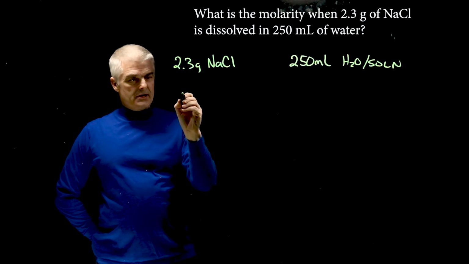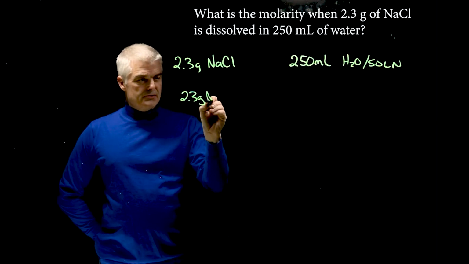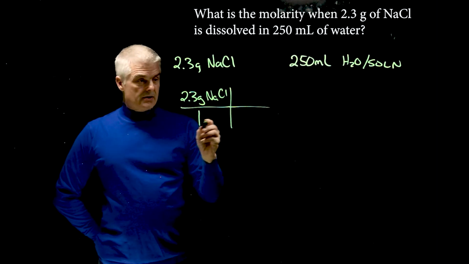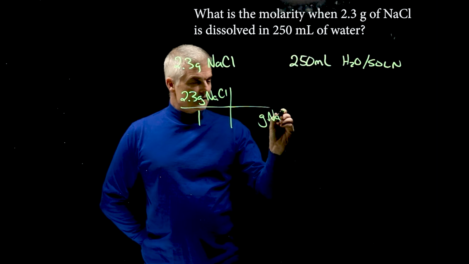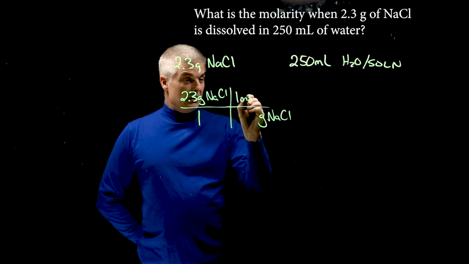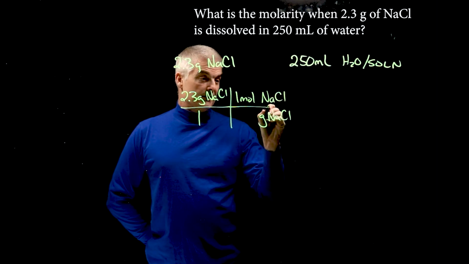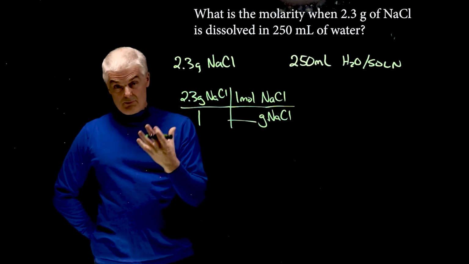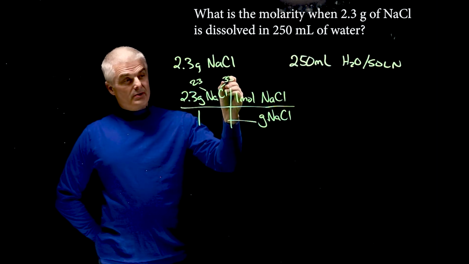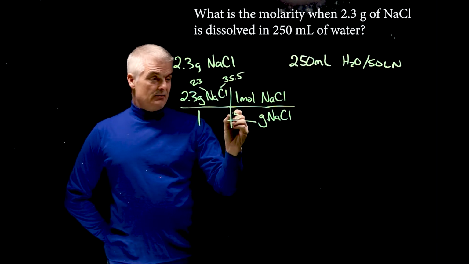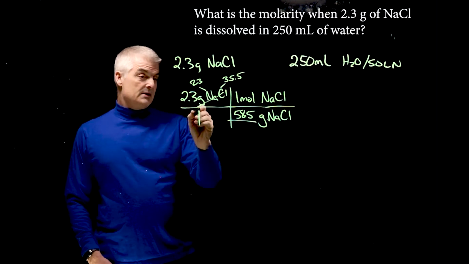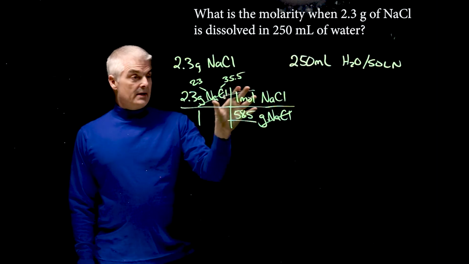So I'm going to take 2.3 grams of sodium chloride over 1, and then a railroad track: 58.5 grams of NaCl per 1 mole of NaCl. Where do I get this number? From the periodic table. Sodium weighs 23, chlorine is 35.5, which adds up to 58.5 grams of NaCl. The grams of NaCl cancel, so now I have moles.